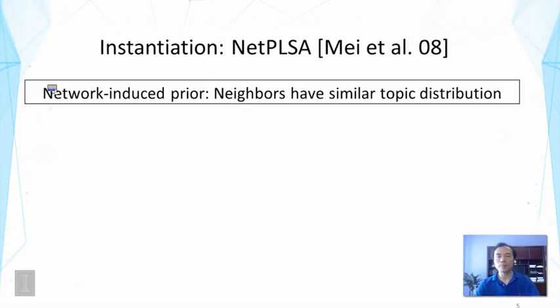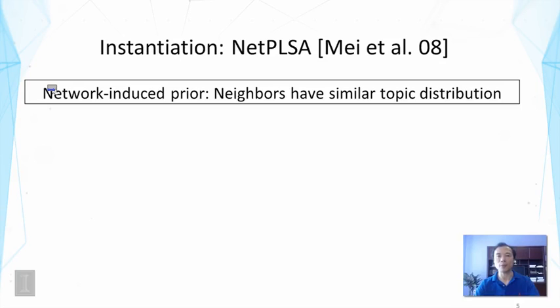But in the paper referenced here, a particular instantiation called NetPLSA was studied. In this case, it's just an extension of PLSA to incorporate some simple constraint imposed by a network. And the prior here is that the neighbors on the network must have similar topic distributions.